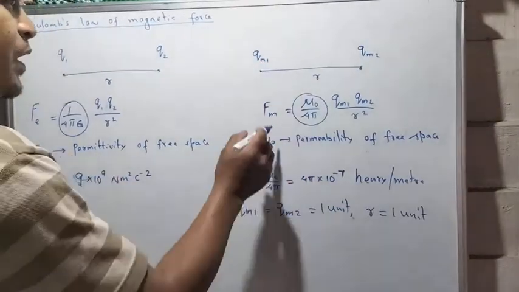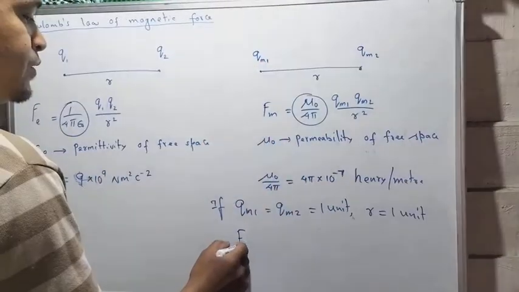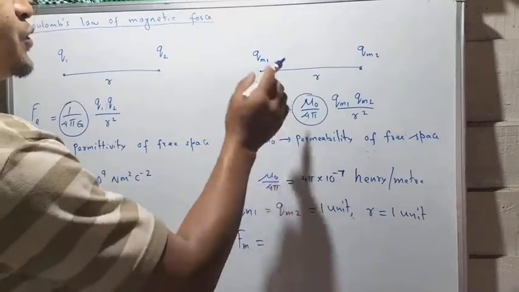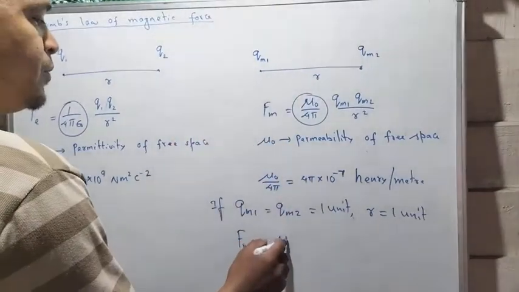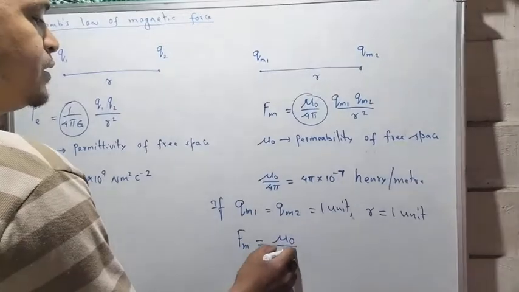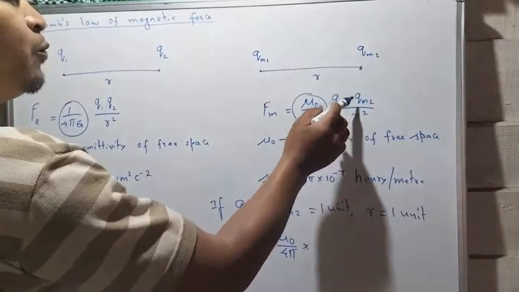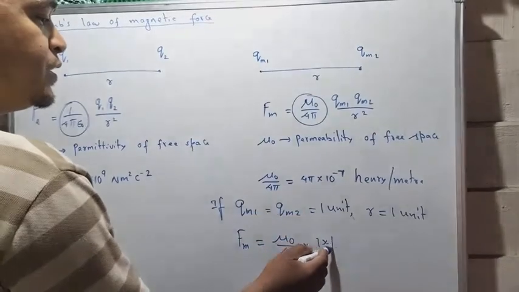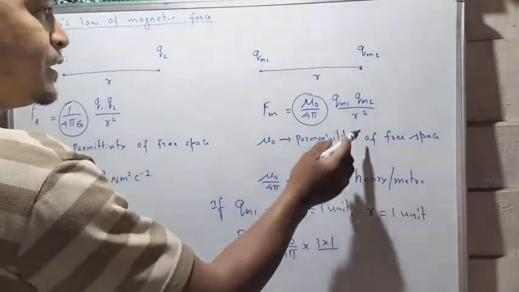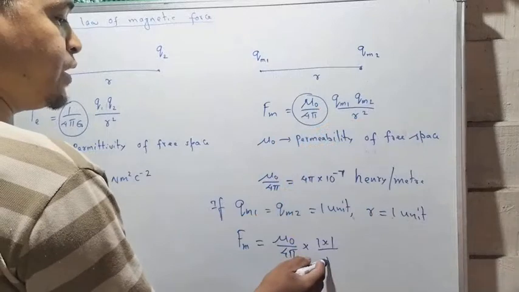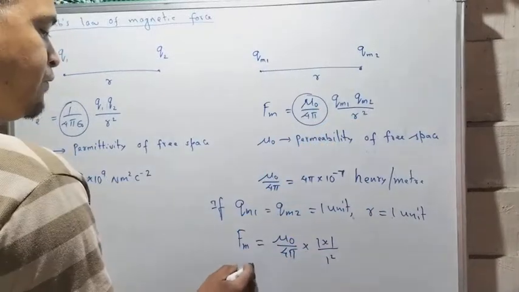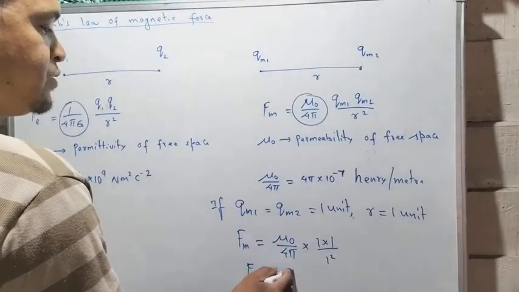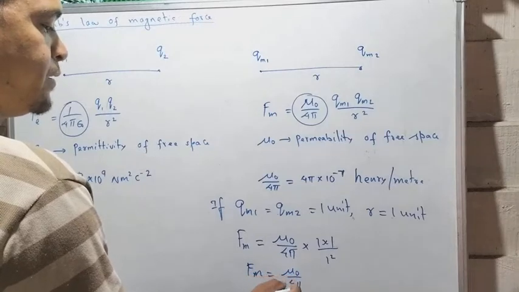So what will happen to this Fm? The magnetic force between the 2 poles will become mu naught upon 4 pi times Qm1 Qm2, which is 1 each, upon r square, which means 1 square. So Fm is equal to just mu naught upon 4 pi.